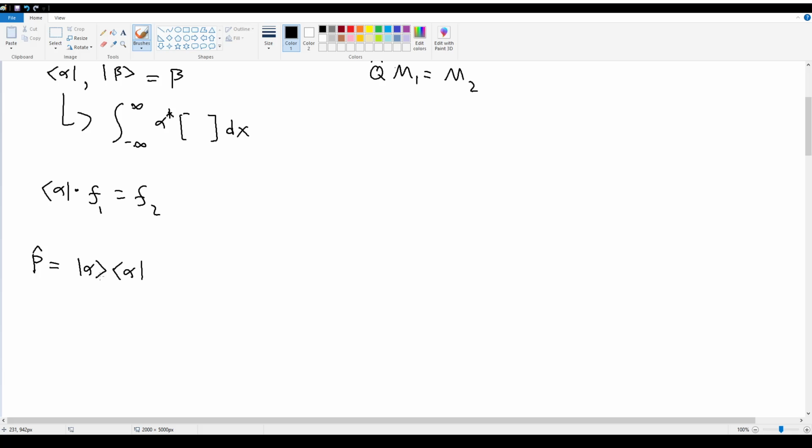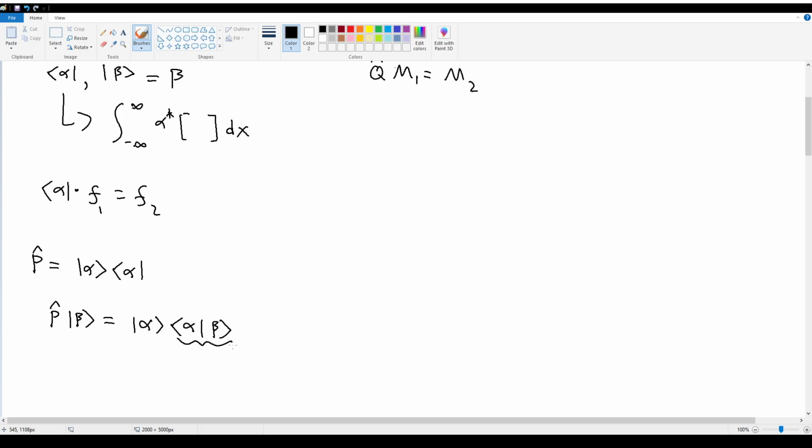And what I mean by that is, let's, for example, apply p hat onto some random vector beta. In this case, this is going to give me ket alpha times the inner product of alpha with beta, because the bra and the ket make an inner product.